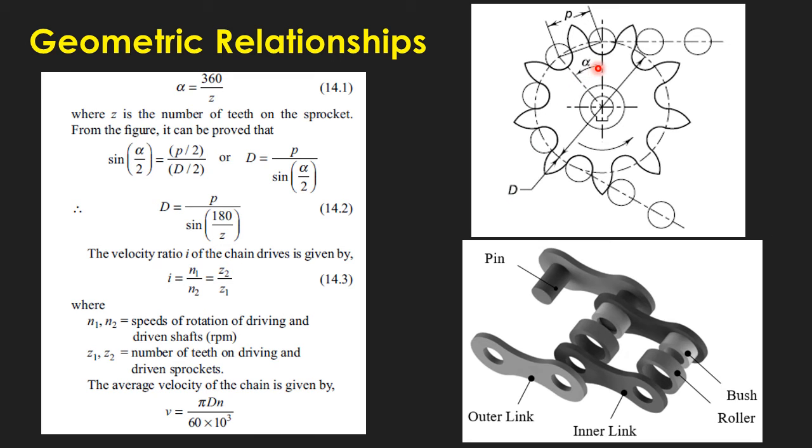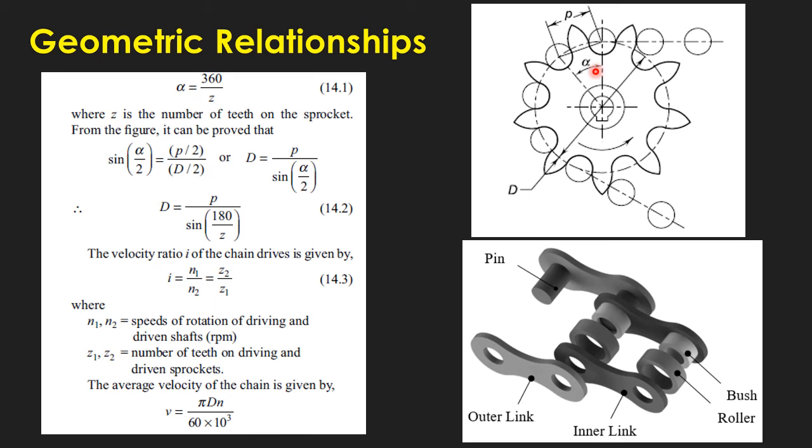And one more is the pitch angle. Pitch angle can be measured with respect to the vertical axis. If you draw a perpendicular line passing through the axis of the rollers joining the center of the sprocket wheel, the corresponding angle generated is called the pitch angle.